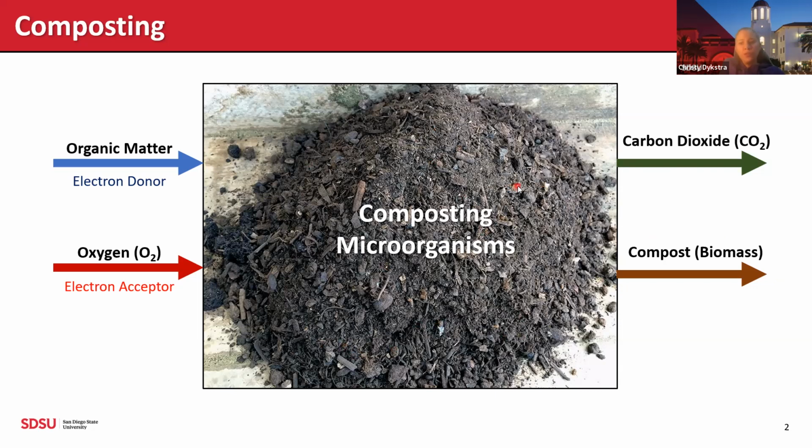We're going to ignore that and focus mostly on the transformation of this organic material to the compost, which is what we can sell at the end. It's really the microbial biomass that is produced that gives us this nice, fluffy soil amendment that we can use for fertilization purposes.